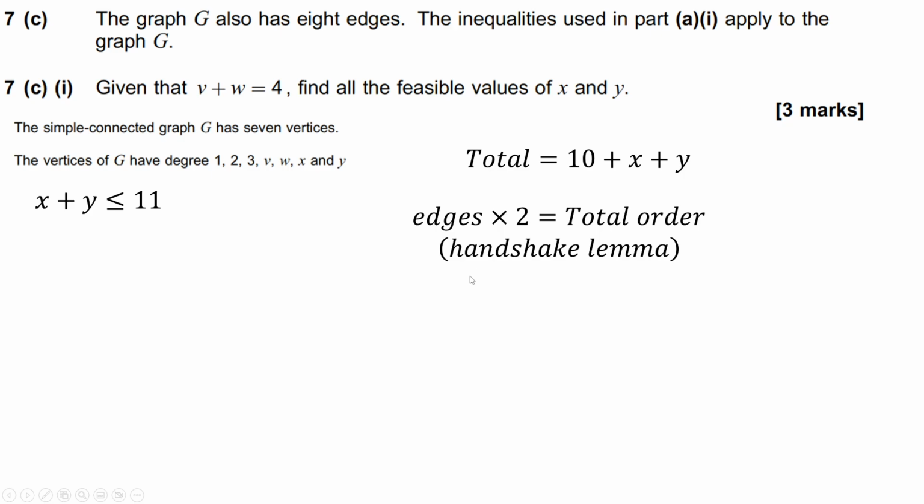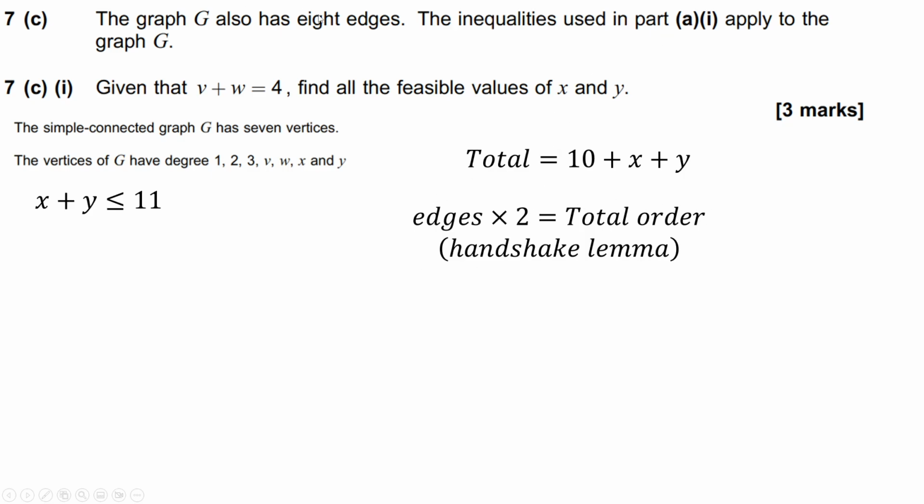For each edge that I'm making, I'm increasing the total order by 2, so I'm always going to have an even total order. So whatever the total number of edges is times 2 will give us the total order. You can prove this for yourself if you want.